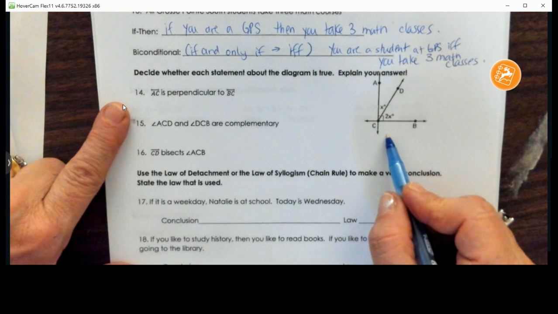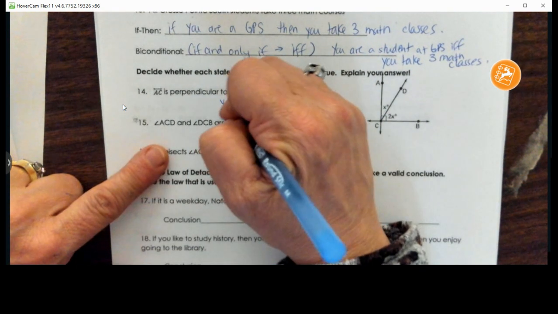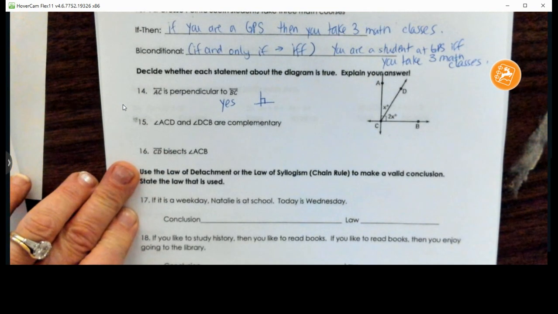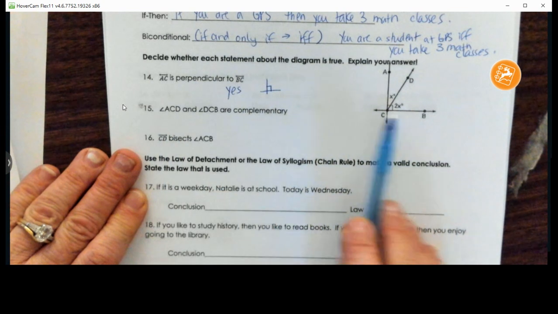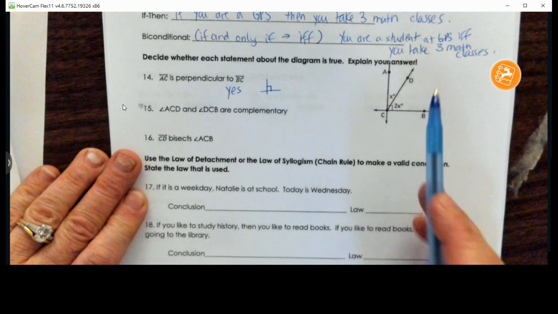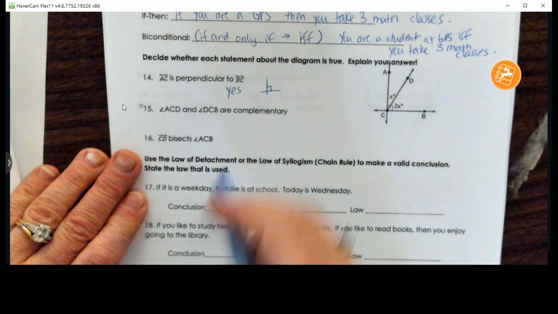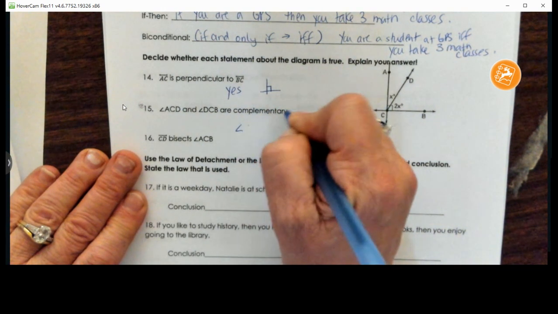It uses this drawing. And is AC perpendicular to BC? I'm going to say yes, because we see the little corner. Now we have ACD and DCB. They are perpendicular because, are they complementary?